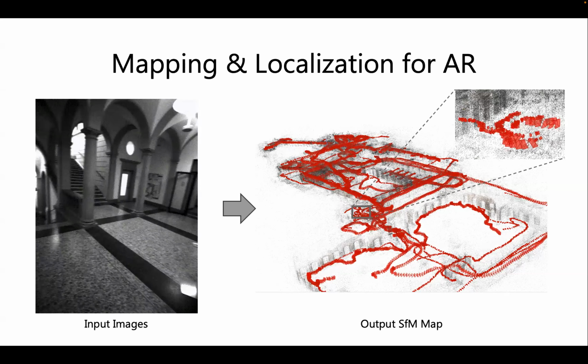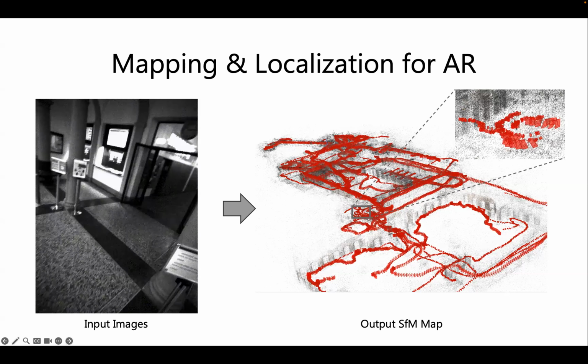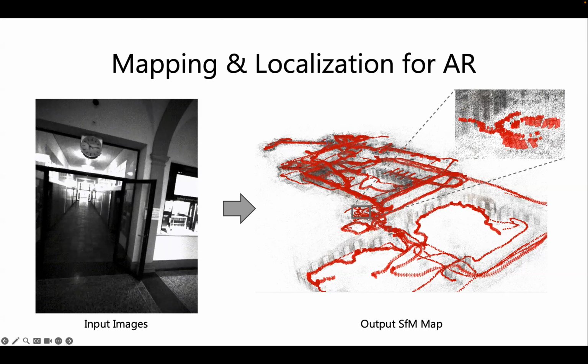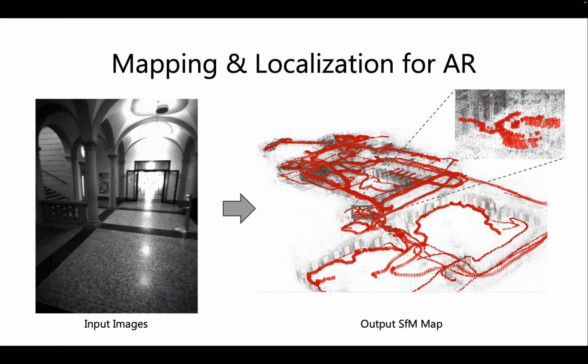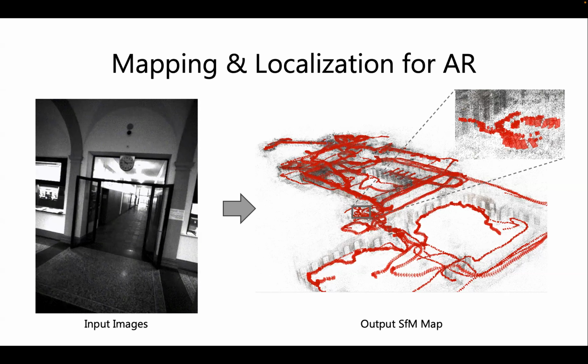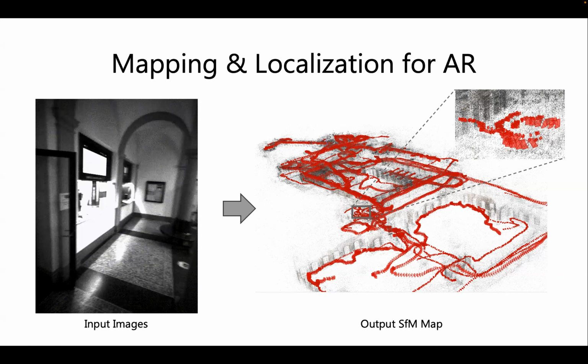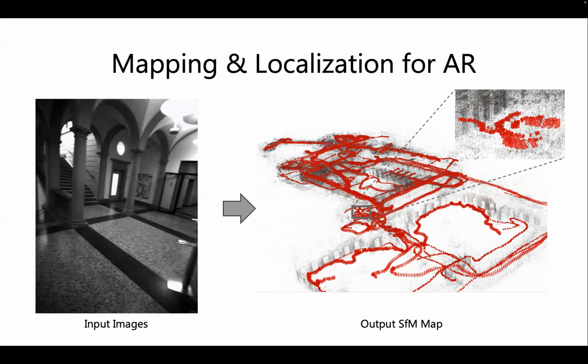But the problem with building this structure from motion map is that it's sparse. You can ask people to walk in a big building, but the data you can capture is very limited. That's why you can only build a sparse structure from motion map.